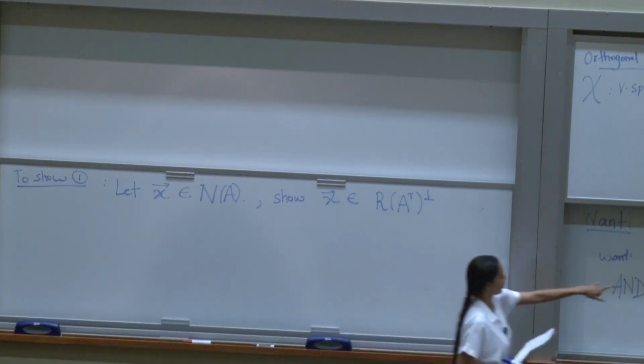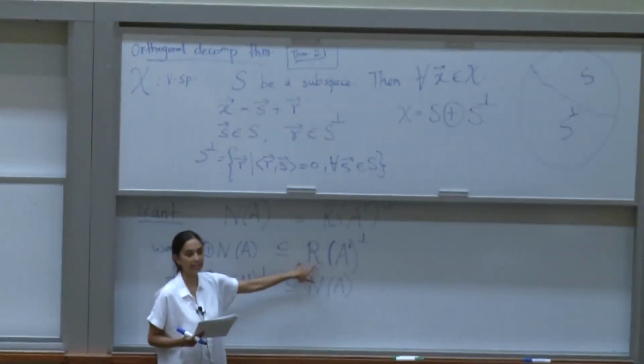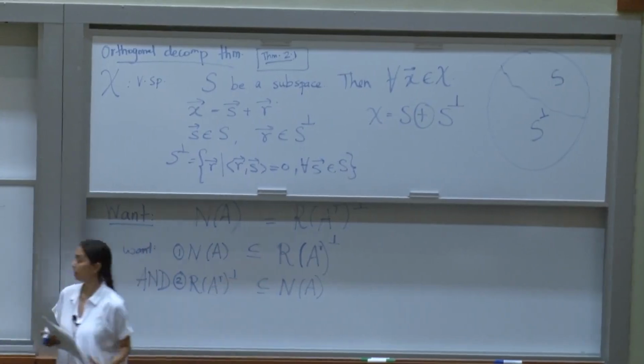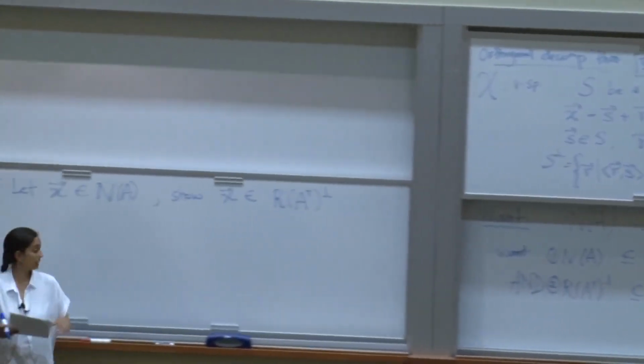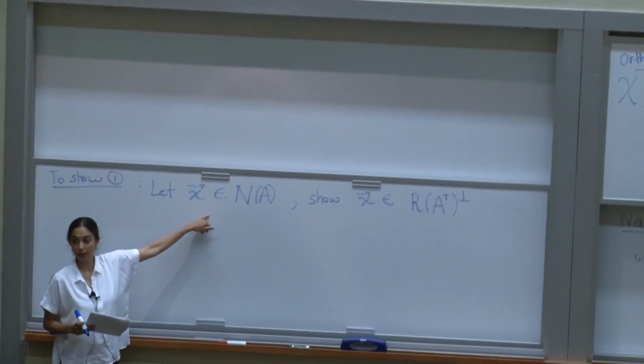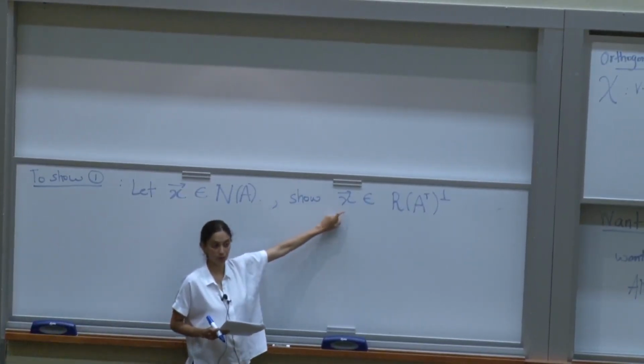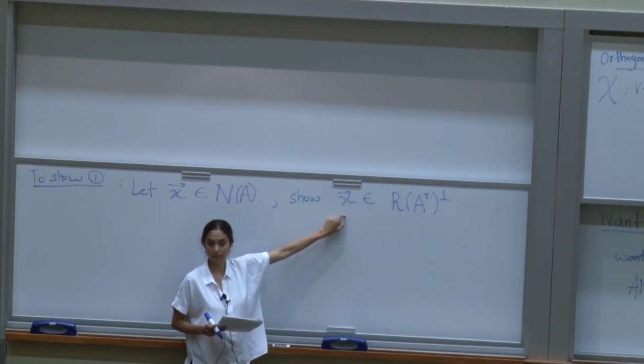We want to show that the null space of A is contained inside the orthogonal complement of the range space of A transpose, right? So we say, let's consider an x in the null space, and for every such x, it had better belong to this other set as well, right?